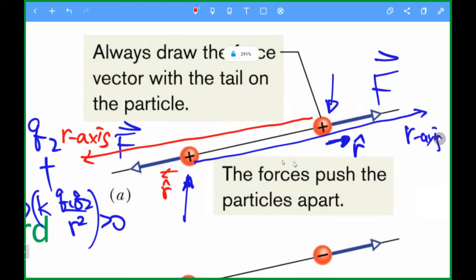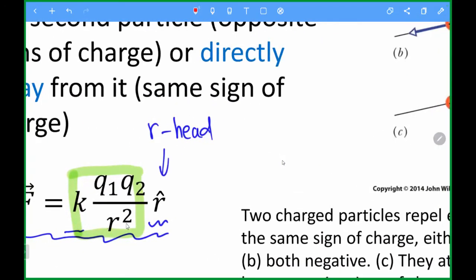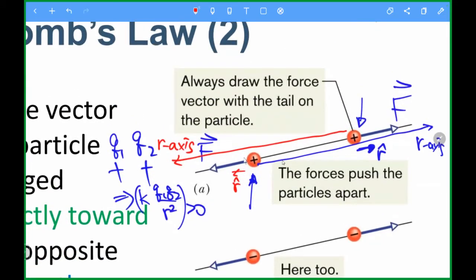You still plug into the same equation, q1, q2, r squared, and k. All the values are the same, but the R hat for this charge and the R hat for this charge are different. F should have the same direction as R hat, but with a different R hat. This is the red R hat, and this is the blue R hat. The red R hat is for the left charge, and the blue R hat is for the right charge.